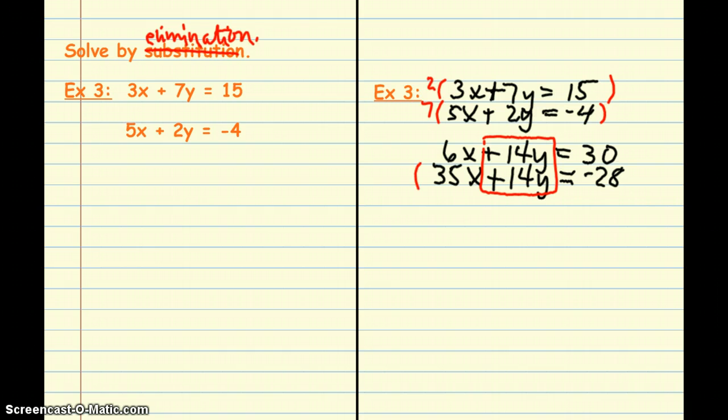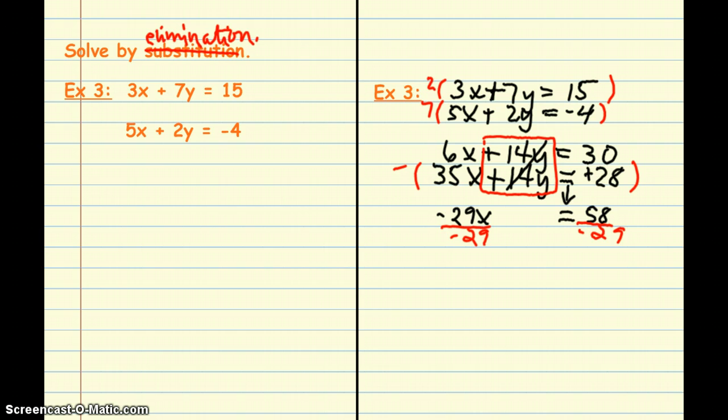So doing so, now we're going to subtract the entire second equation from the first, and our y's will be eliminated. 6 minus 35 is -29x equals, and 30 minus -28 is like saying adding a positive, so we get 58. And then our last step to figure out the value of x is to divide by -29.